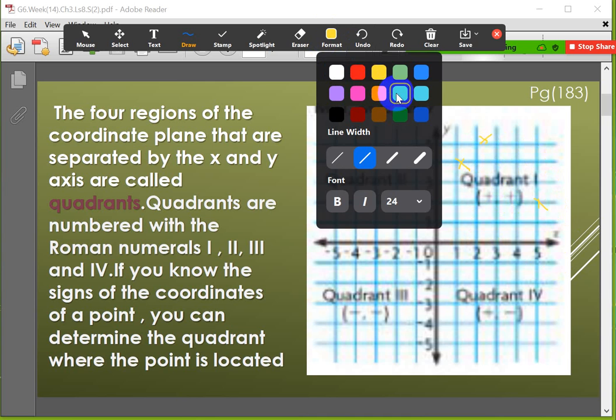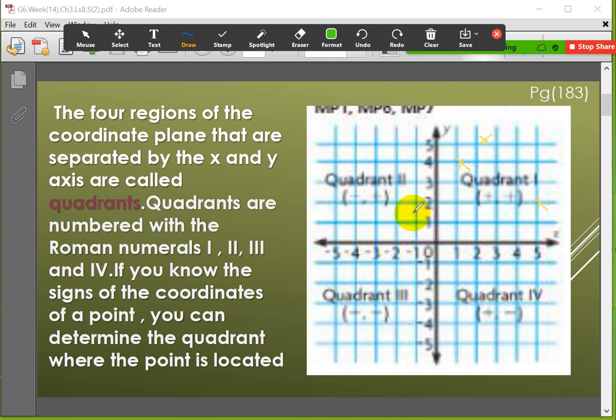Now look at the second one, quadrant 2, this one. The x-axis on the left side of 0 is negative. Look at the x-axis. And the y up is positive. So in quadrant 2, any point, look at this point as an example, the x will be negative and the y will be positive.